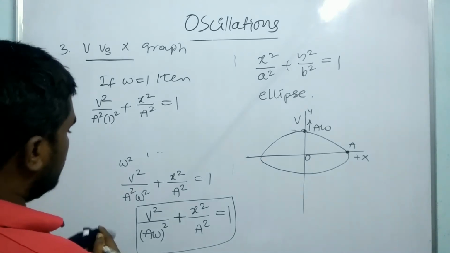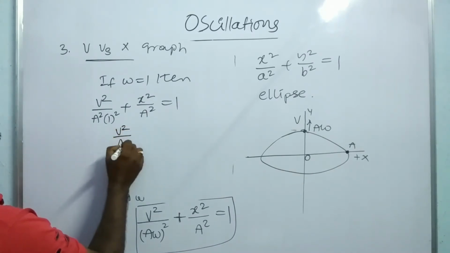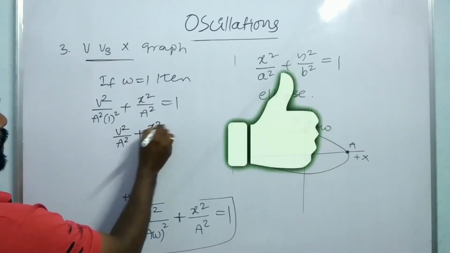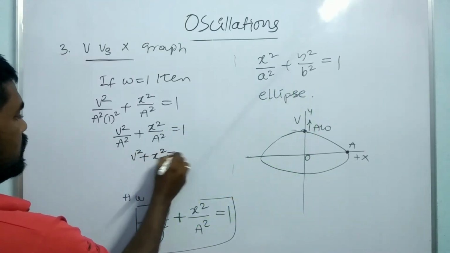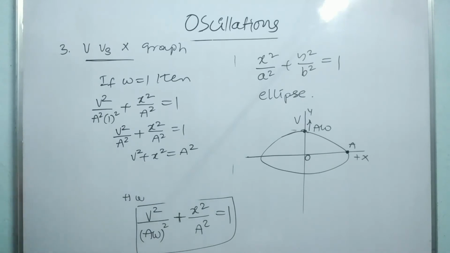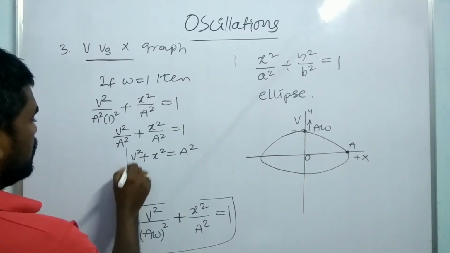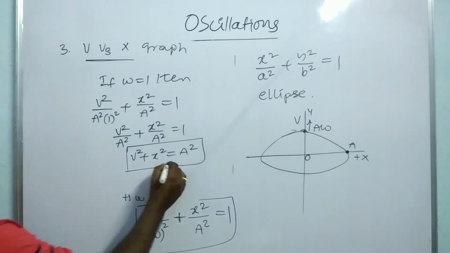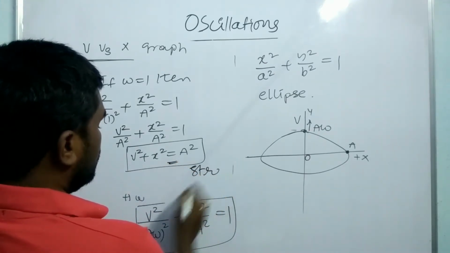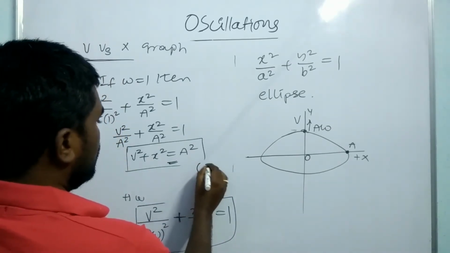So it is written as v square by a square plus x square by a square equals 1, so v square plus x square equals a square. This is the equation of a circle. This is the circle.